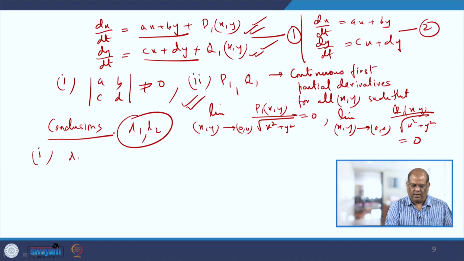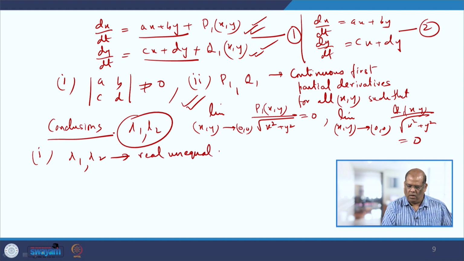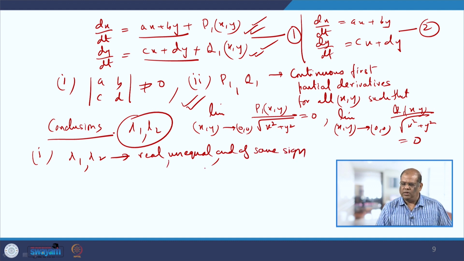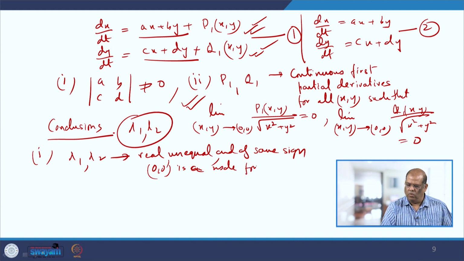It says that if lambda 1 and lambda 2 are real, unequal and of the same sign, then 0, 0 is a node for 2 and also 1.